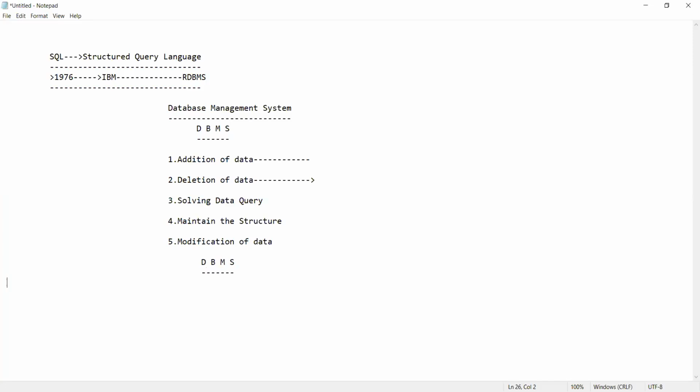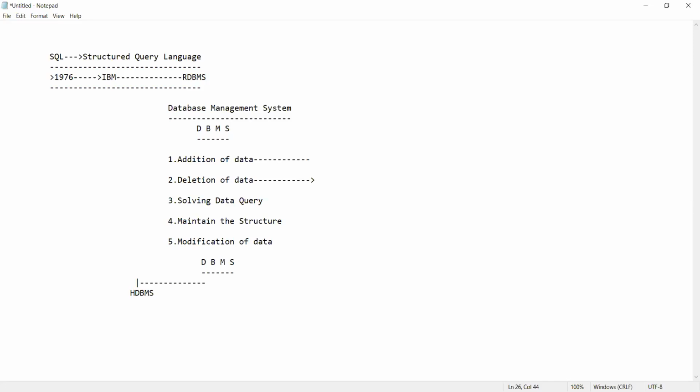What are those techniques? The first technique was introduced by HDBMS. What does HDBMS stand for, guys?